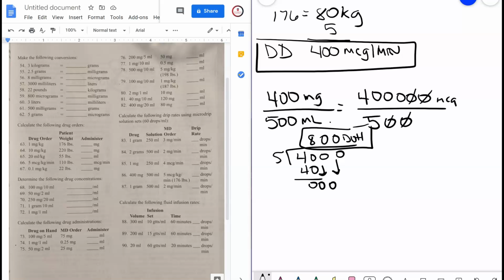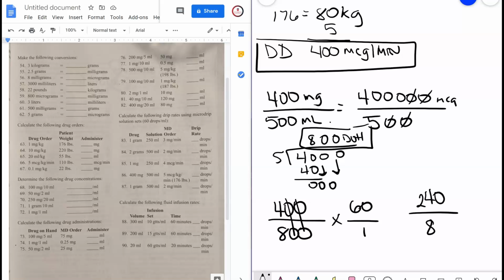So if you are doing your desired dose, which is 400, over 800, which is your dose on hand, times your microdrip set, let's simplify this. Okay, 4 times 60 is 240. 8 times 1 is 8.